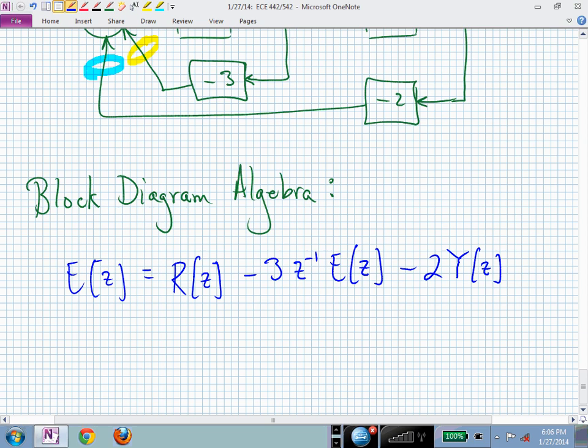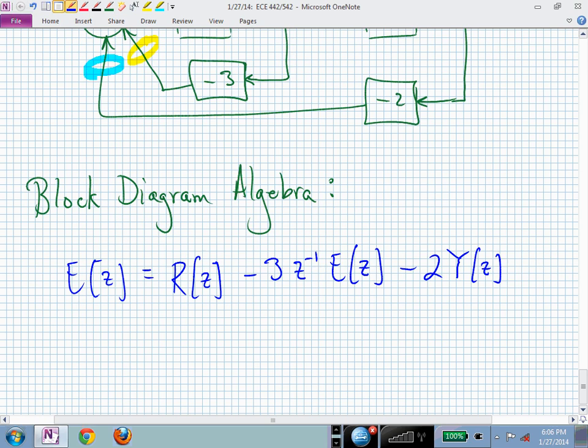All of these are some system, trivial here. It's a 1, isn't it? Times a signal. So a system times a signal gives me a signal, and that's part of E. I have another system scaling E, and I have another system scaling Y. So now I have all these signals that are related to each other, and that's a consistent equation.